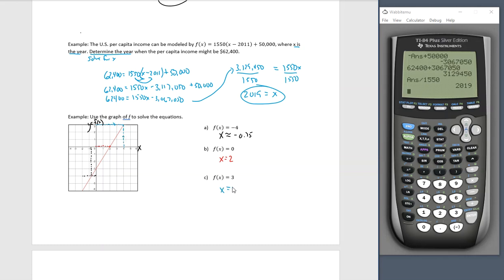This tells me that x equals 4. I like the idea of arrows, so I'm going to add them here as well. For negative 4, I go to the graph and find the x value that matches it. All right, so solving equations using graphs of the functions, we just want to report the x value that makes these happen.